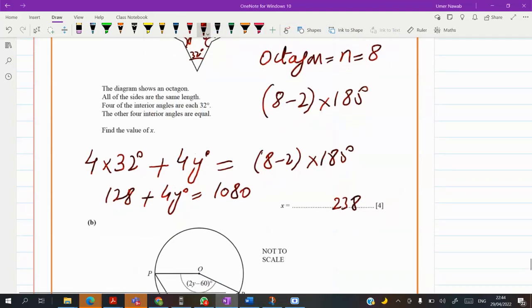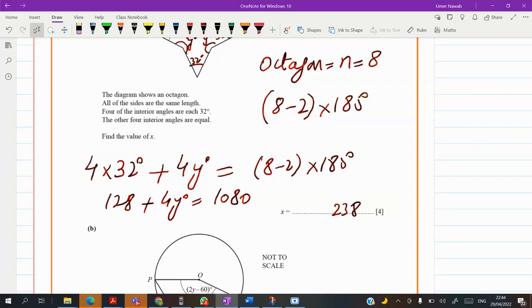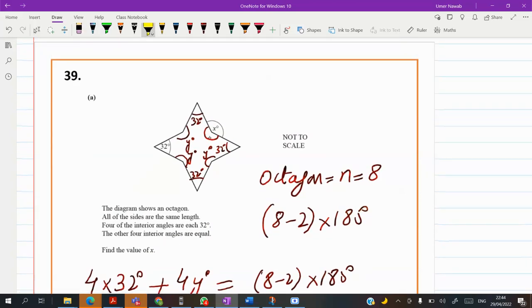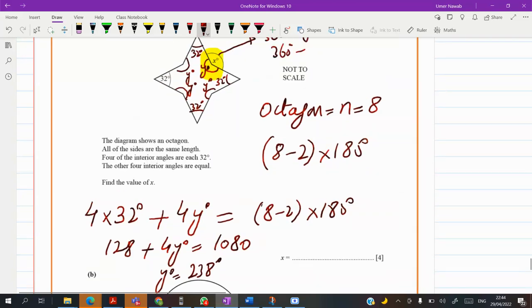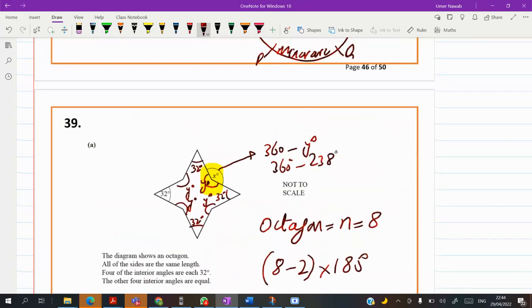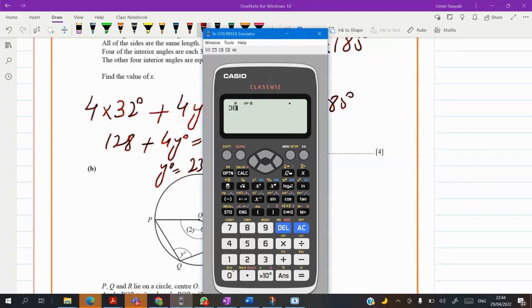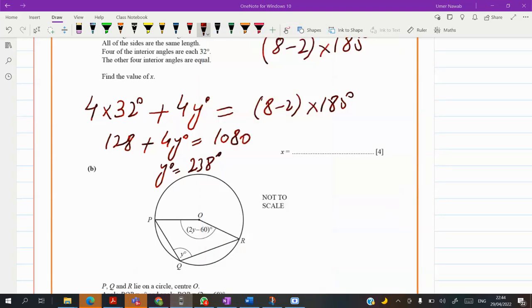So y is 238. Remember y and x, their sum is 360. So 360 minus 238 will give you x, 122.